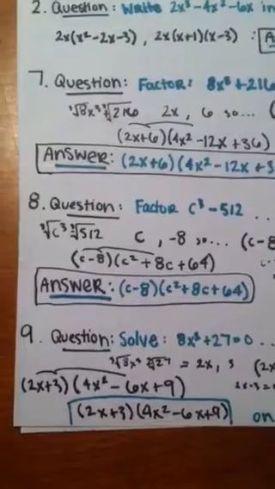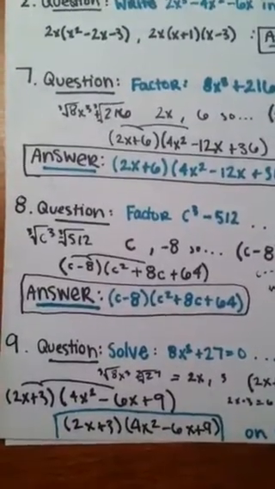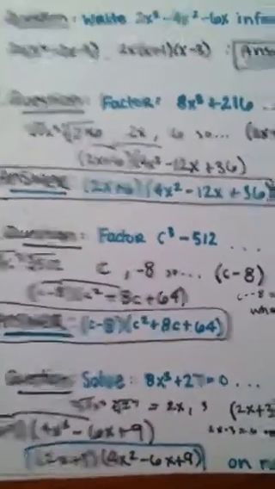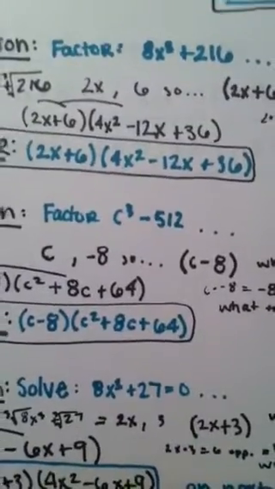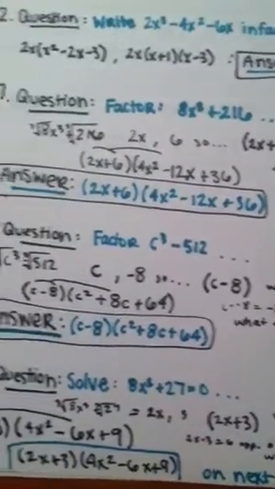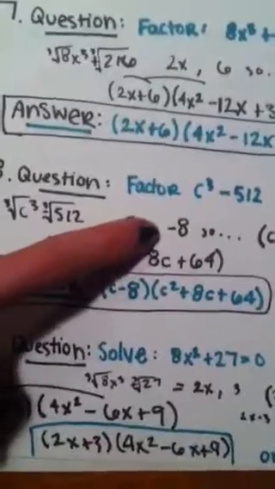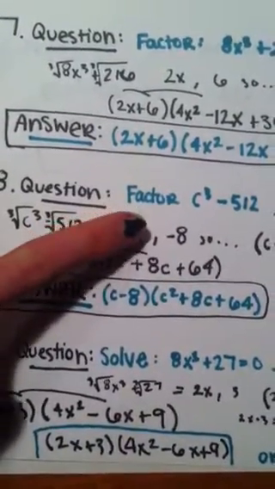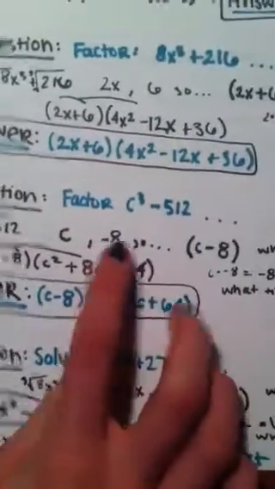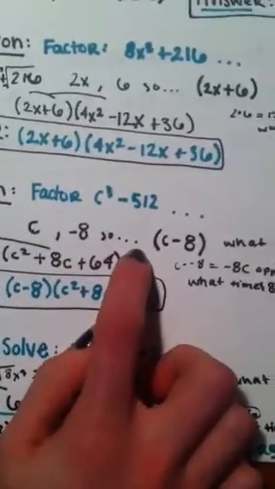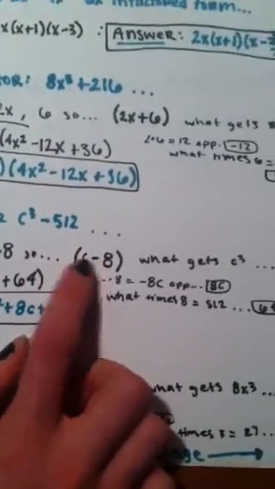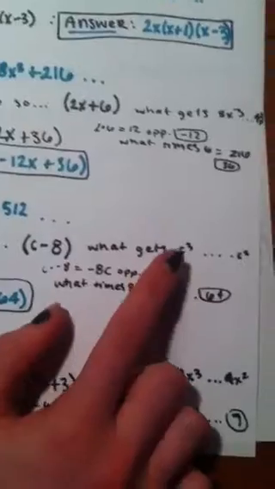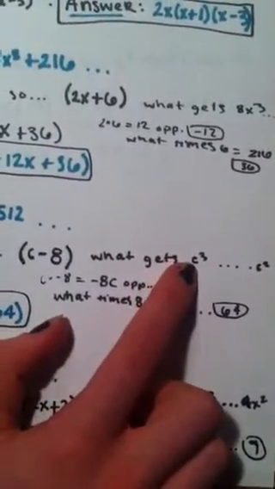Then question number 8 was a similar problem, factor c cubed minus 512. You want to find the cubed root of both, which is c and negative 8. So you have, well, 8, but negative. Okay, so then you have c minus 8, and then you have to think again what gets you c cubed, which is c squared.